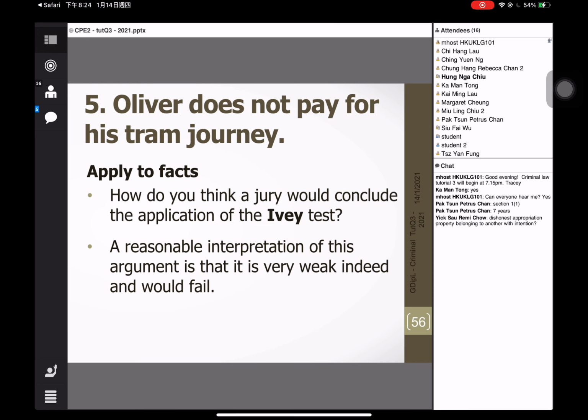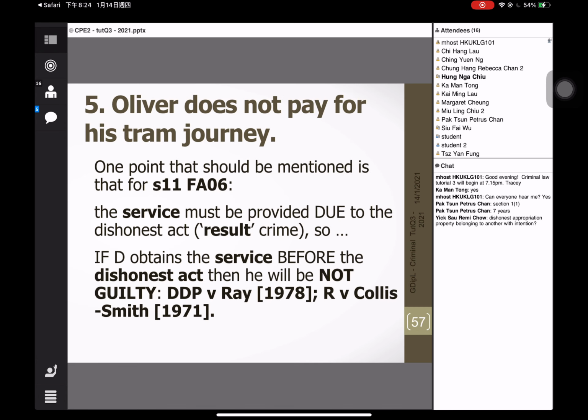So you decide what you think the jury would do in those circumstances, and whether you think he has any real argument to say that he wasn't dishonest. I think the argument is obviously very weak, but you could consider it.